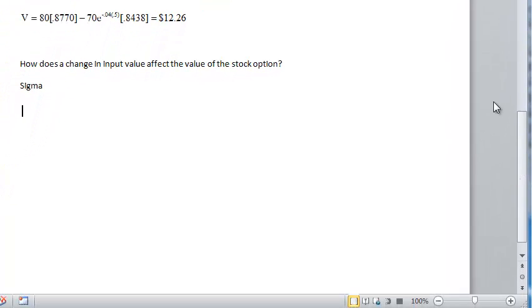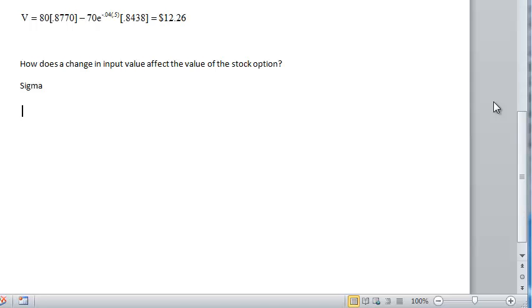Higher volatility pushes up the value of a call option because it increases the likelihood that the stock price is going to hit a higher level than it would be if the underlying stock and the value of the stock were relatively stable.